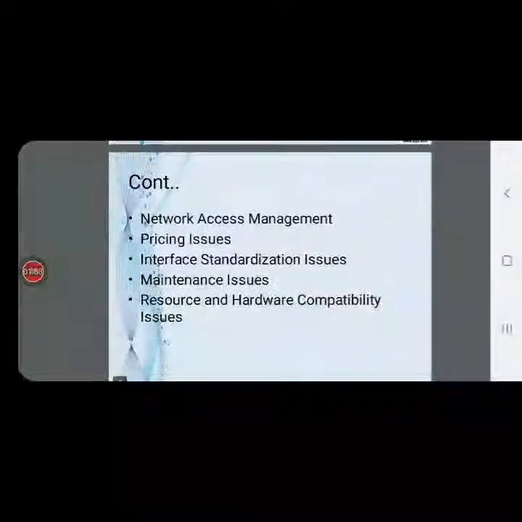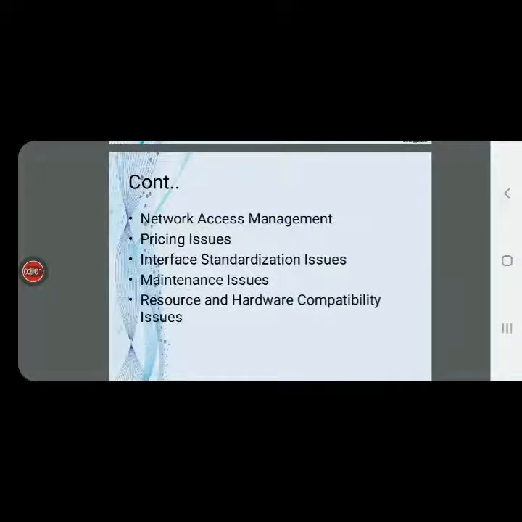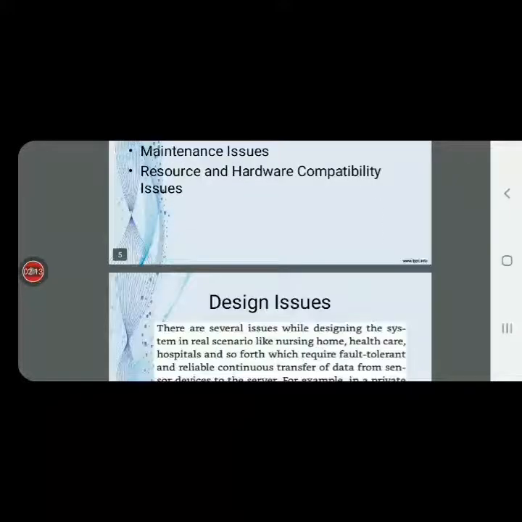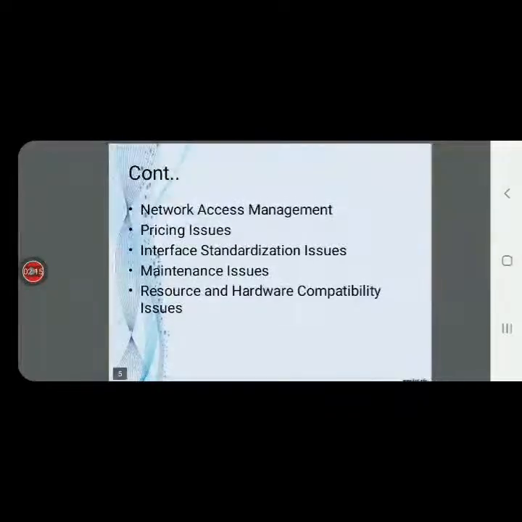Then network access management, pricing issue, interface standardization issue, maintenance issue, resource and hardware compatibility issue. That kind of issue we have. So we should follow these issues in the following order.